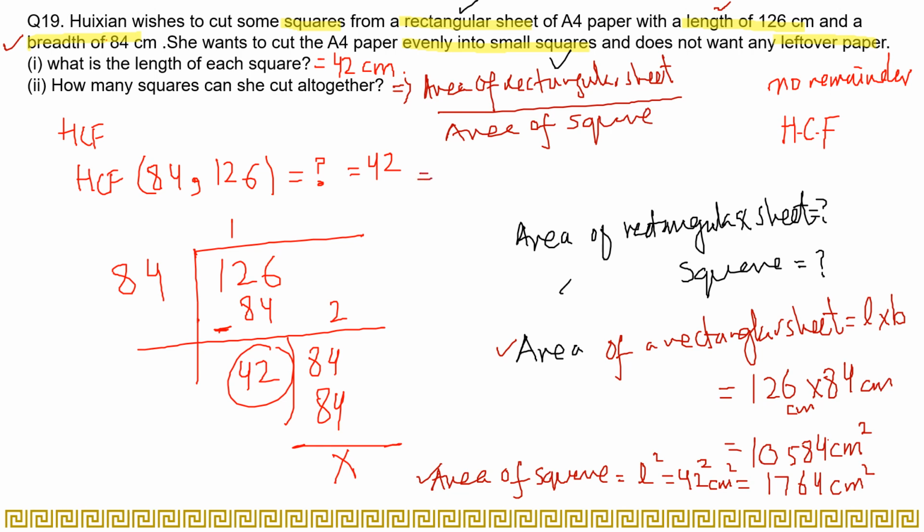And what will you get? You'll get 10584 divided by 1764, and when you divide these two, you will get 6. That means the total number of squares she can cut altogether is 6.